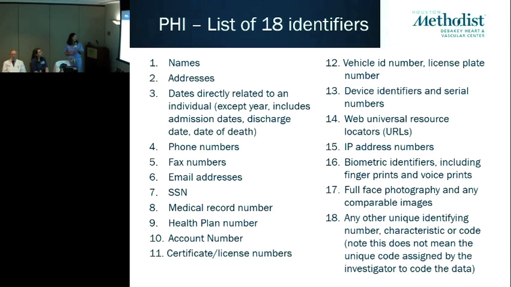Even things like fingerprints, device identifiers, serial numbers, any other unique coding except one that's assigned by the study. So just take a quick look at all that. I won't go over every one, but those are anything that can potentially identify the patient. And it can make a difference between whether your study is considered exempt or expedited, if you have these in your data collection sheets of information you want to collect.